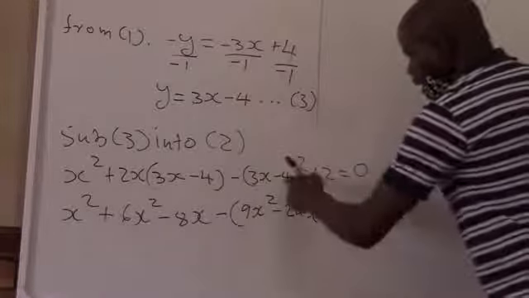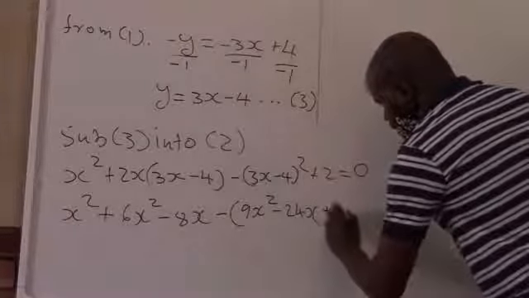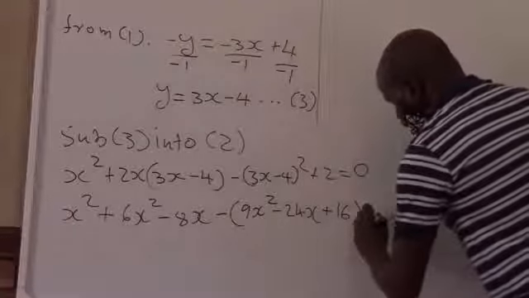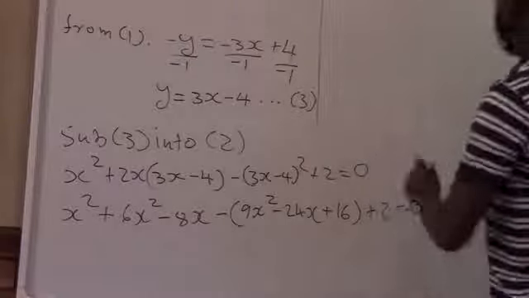Then negative 4 times negative 4 is 16. Then we still have plus 2 equals 0.